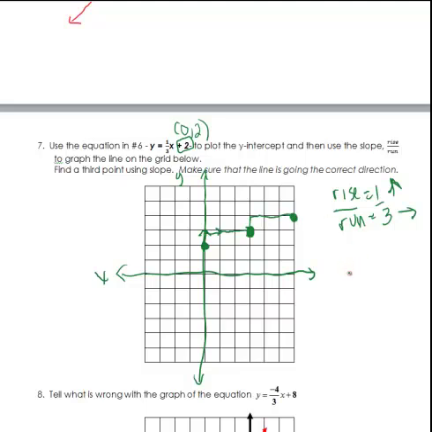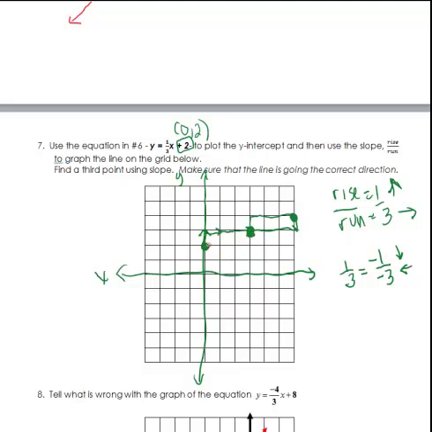Now, let's talk about what if I run out of space on my graph. You could say 1/3 is also equal to -1 over -3, because a negative divided by a negative is a positive. So if I took this point right here and I went down 1, that's what -1 means, and to the left 3, look, I'd be back on a point on my line.